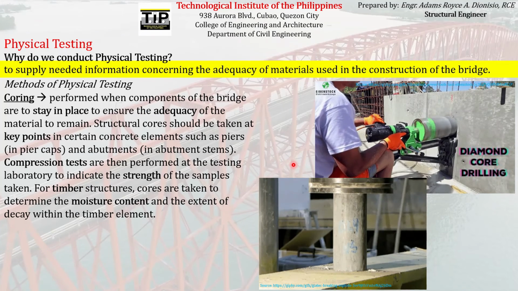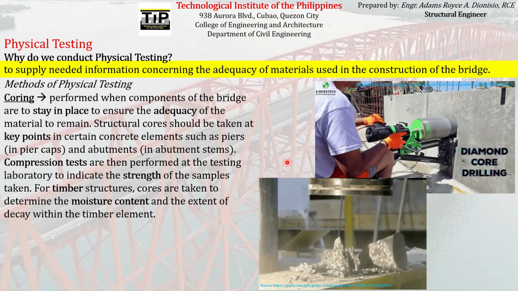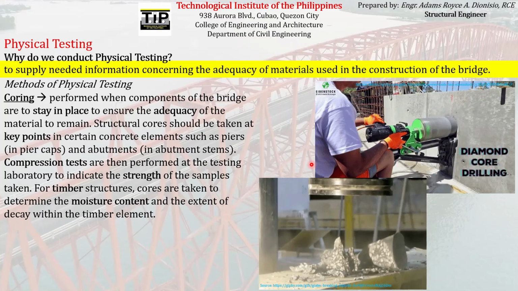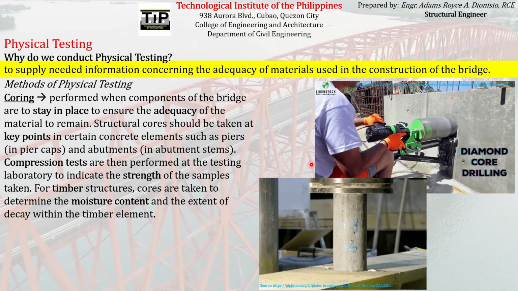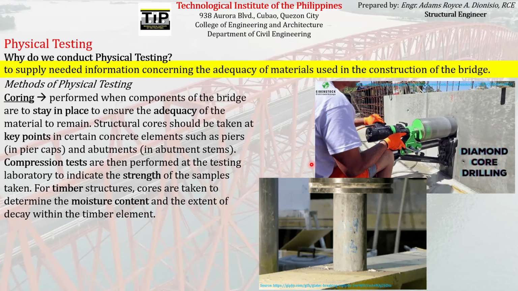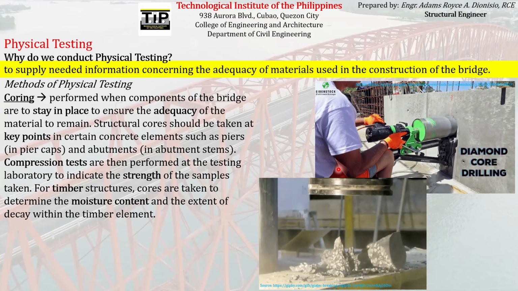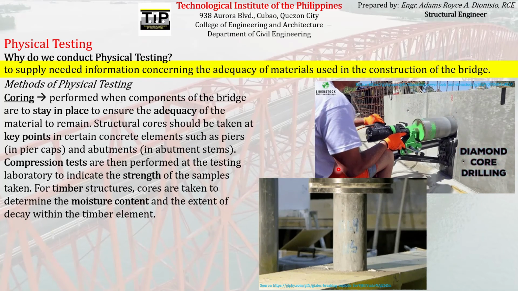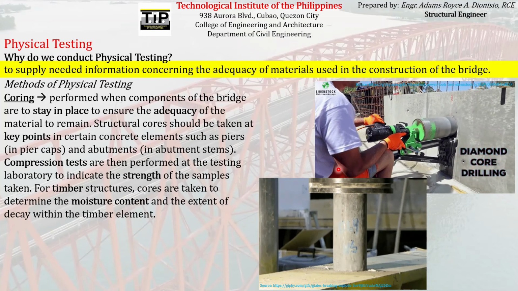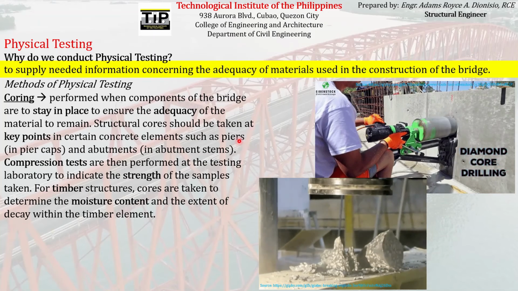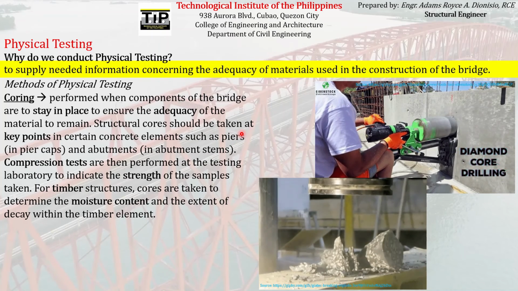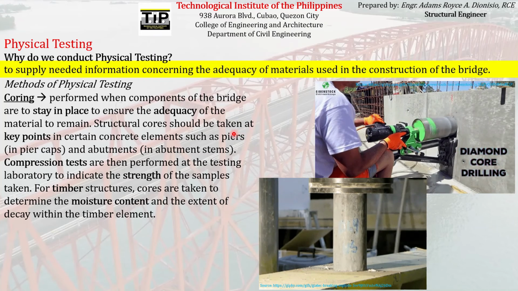So again, just like what I've said before, we don't usually core holes on any part of a bridge component. We usually core holes on the bridge component at a particular key location. For example, in the case of piers, we don't just bore a hole on the pier itself.